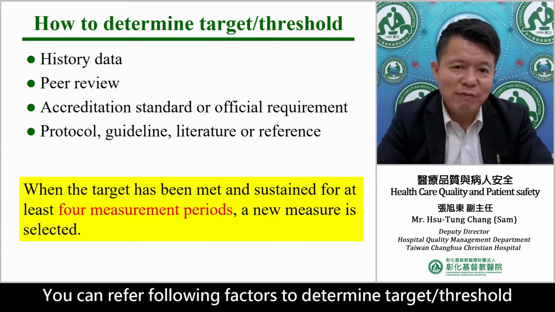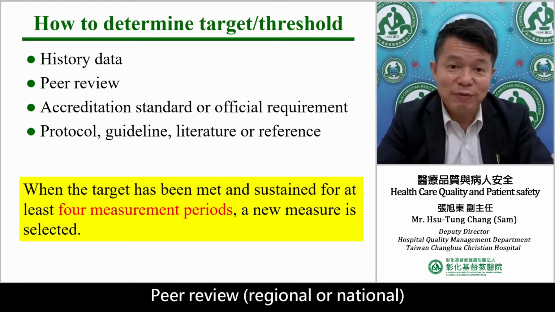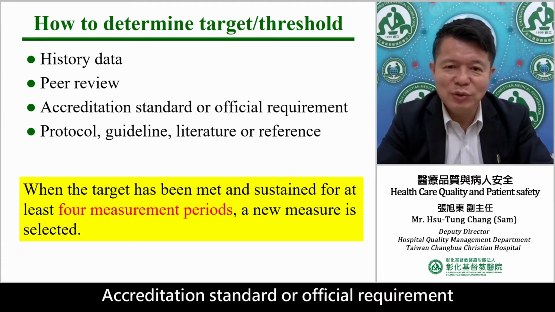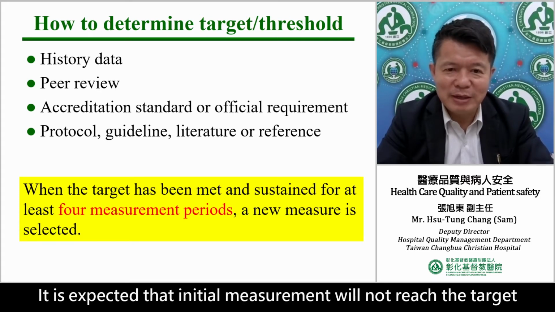How to determine a target and or threshold? You can refer to the following factors to determine the target threshold, like the history data, peer review, regional or national, accreditation standard or official requirement, protocol, guideline, literature or reference. It is expected that initial measurement will not reach the target.